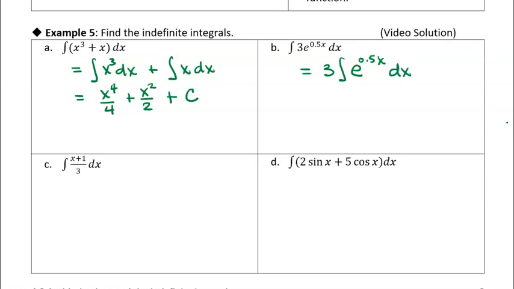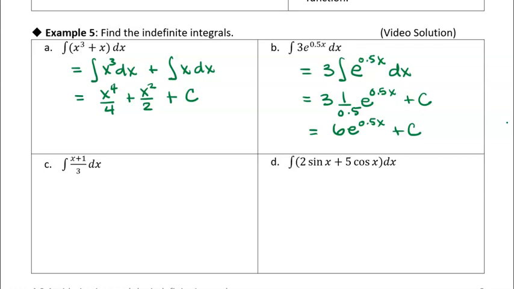Okay, so I just pulled the constant multiple out, and then I'm going to hang on to that 3, and the antiderivative is going to be 1 over 0.5 e to the 0.5x plus c. Now, if you remember, 0.5 is a half, and the reciprocal of a half is 2. So probably a nicer way to write this would be 6e to the 0.5x plus c.